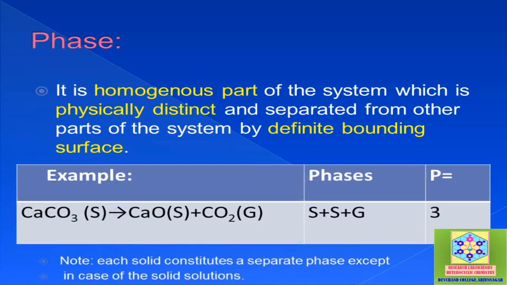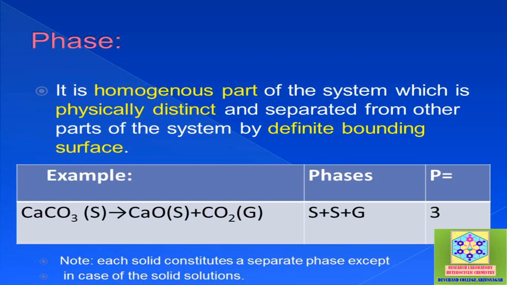Another example is that of calcium carbonate solid heated to get calcium oxide solid and gaseous carbon dioxide. Here there are two solid phases. One is calcium carbonate, another one is calcium oxide, and the third phase is that of gaseous carbon dioxide.